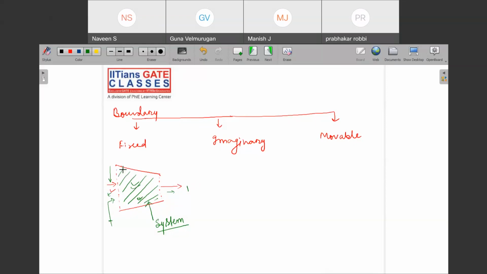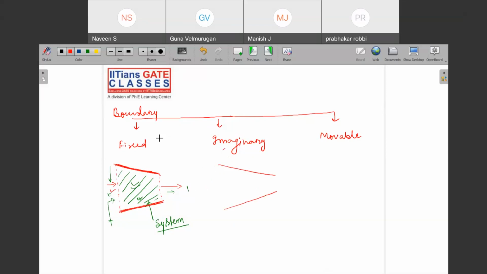And what about the boundary? See, can we see that these parts of the nozzle, let me darken it, are fixed, right? So this is called a fixed boundary. Okay. And we can also visualize an imaginary boundary here. Can we see that initially there was no boundary here? Why? Because there was only the nozzle, so I can see only these two boundaries. And what about the boundaries in the lateral region?